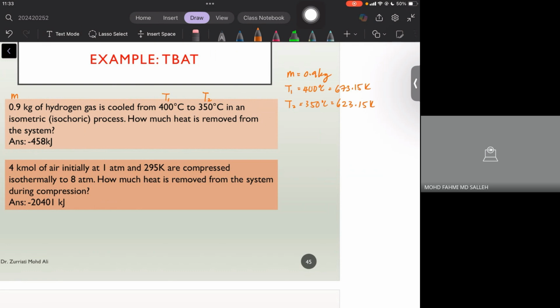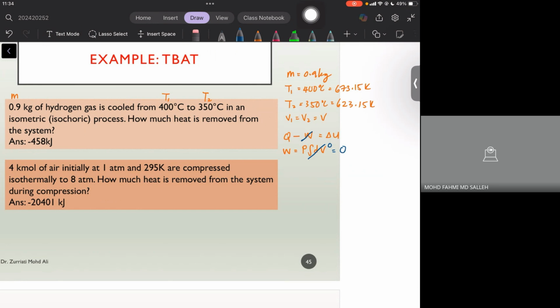So in an isochoric process, V1 is equal to V2 equal to V. How much heat is removed from the system? If we look into the non-flow energy equation, Q minus W equals delta U. We know that the work is P dV, and since the volume is the same, the change in volume is 0, thus the work equals 0.